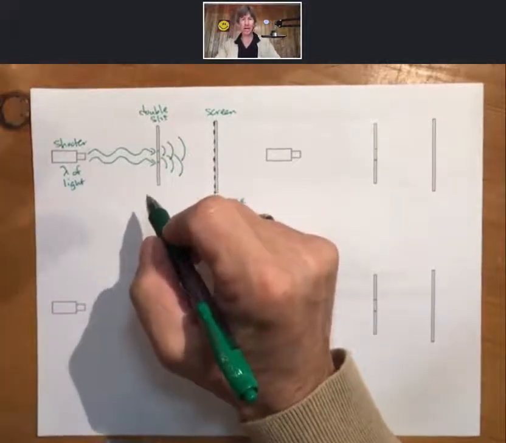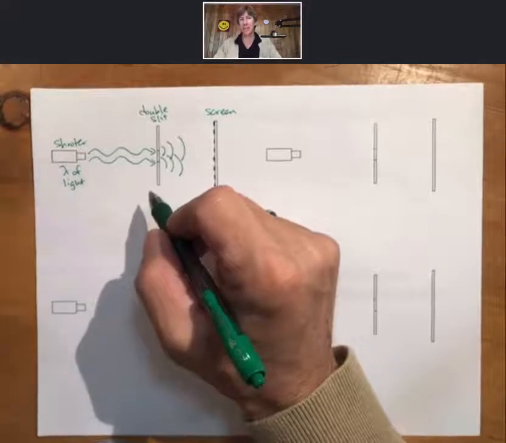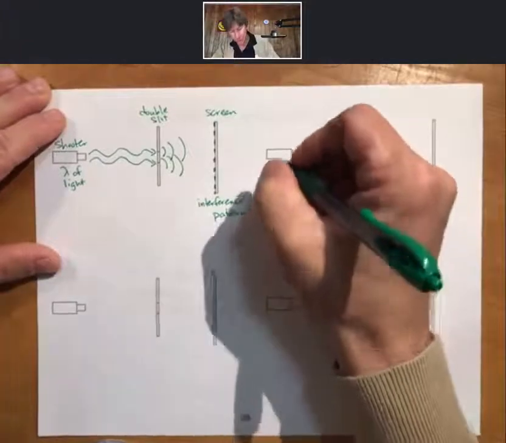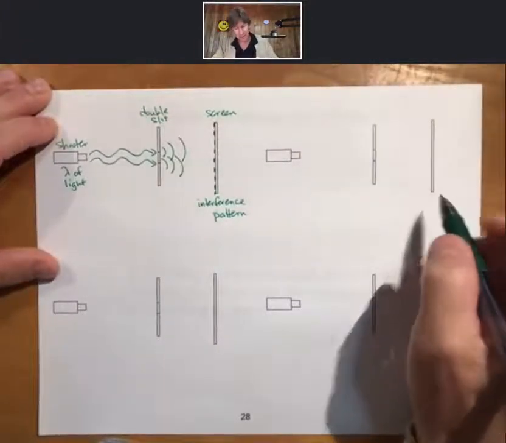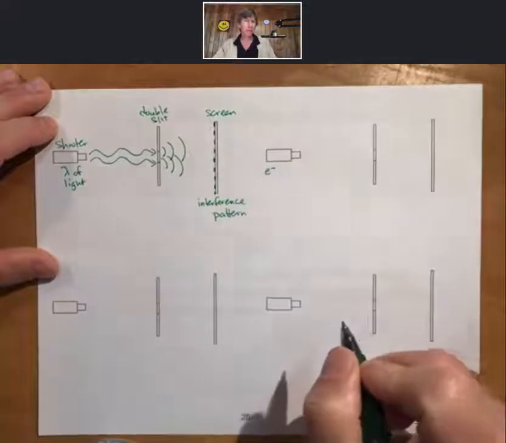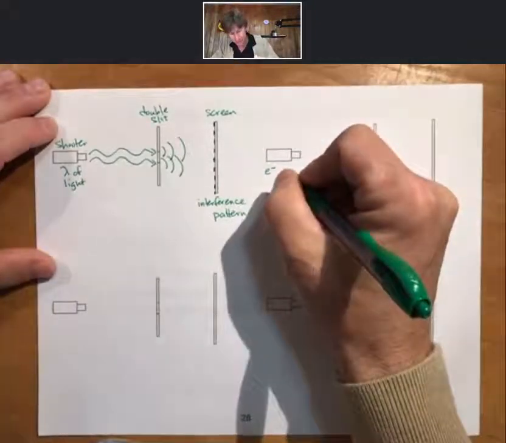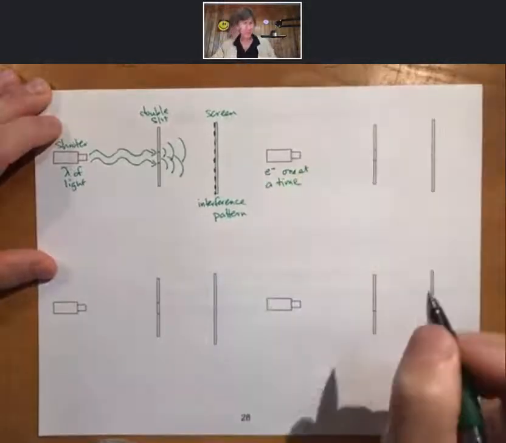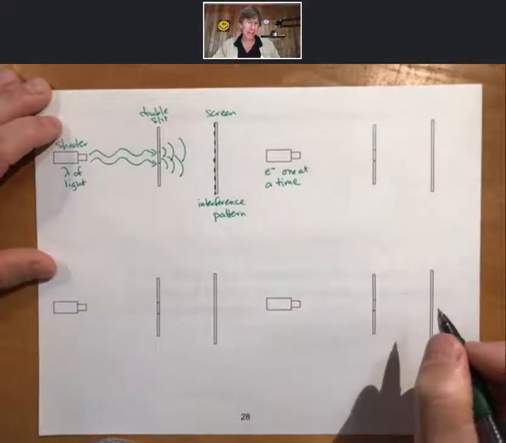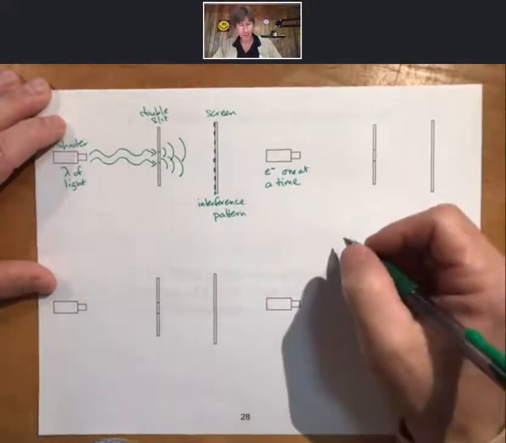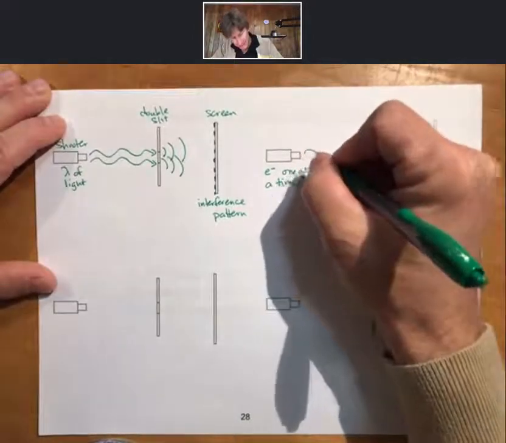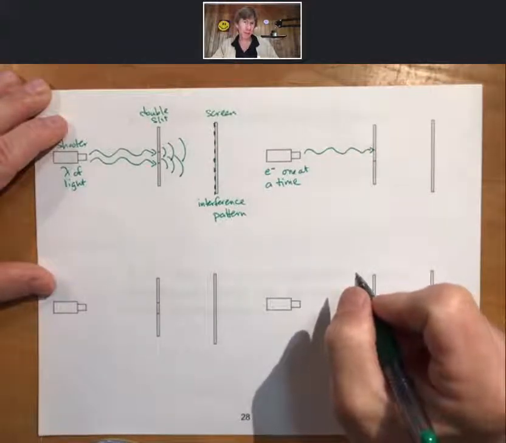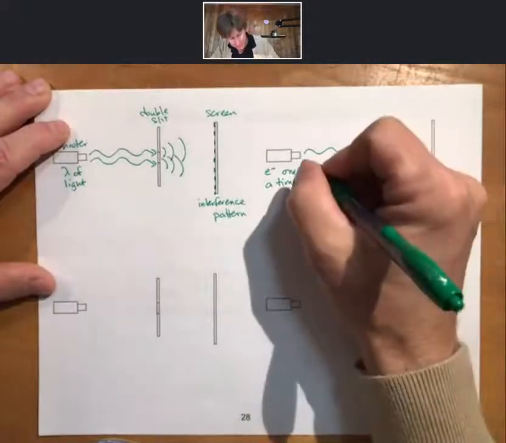We're used to that. We now know that light, and all electromagnetic radiation, is waves. Now over here, we're going to do the same setup, except this time we're going to shoot electrons one at a time. And electrons one at a time have probabilities, and those probabilities have wave-like properties. Probability is a wave-like property.